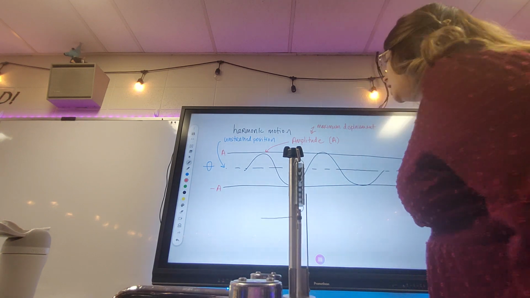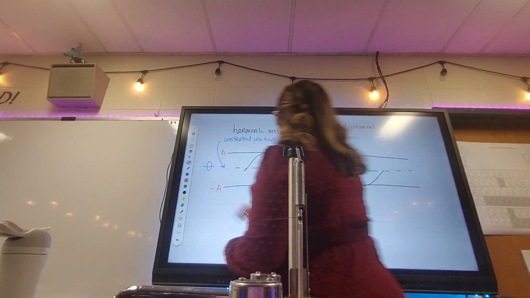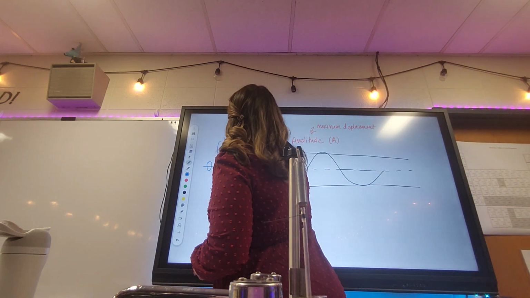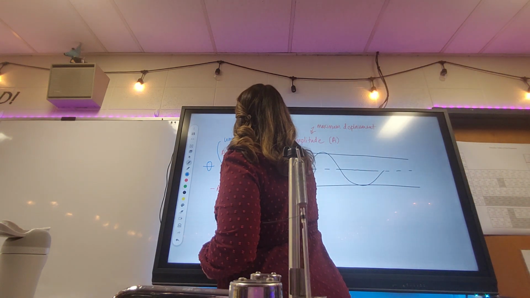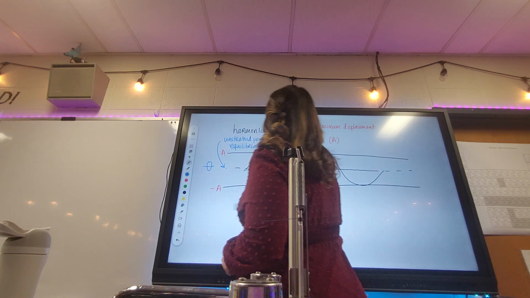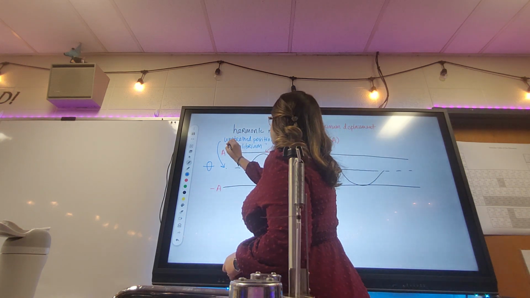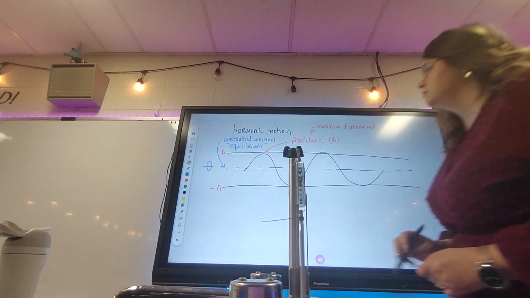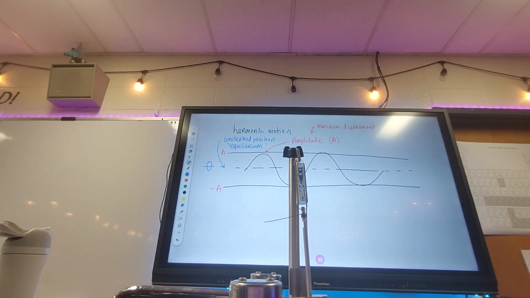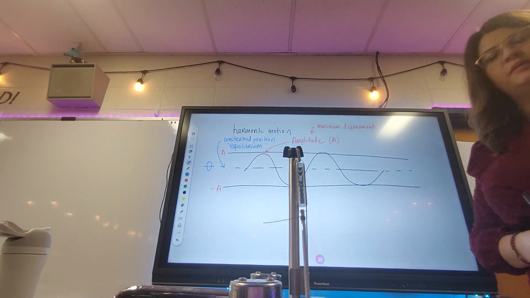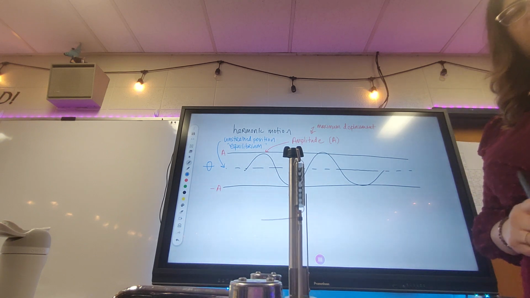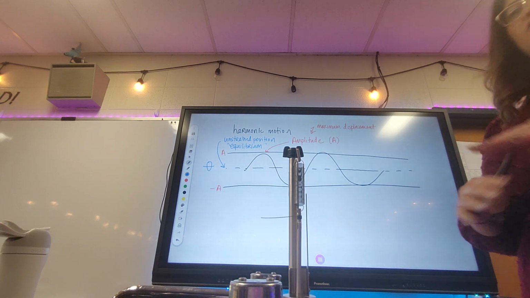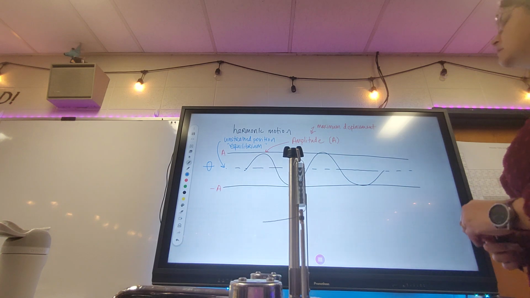Okay, so your unstrained position is also known as the equilibrium position, in just the same way that we would use that word in chemistry, equilibrium, that it's like the medium part where there's no net change in either direction. That makes sense.